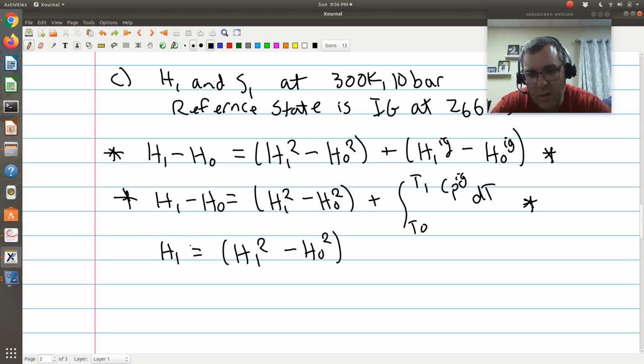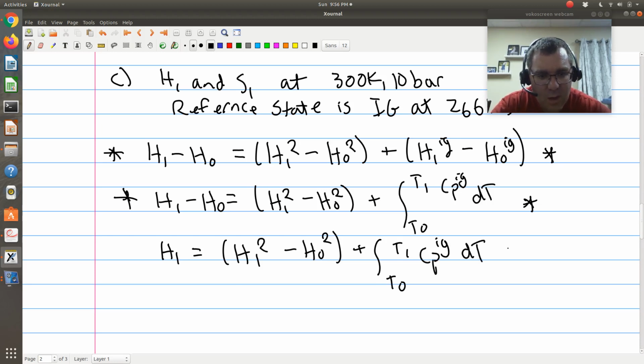So H1 is H1R minus H naught R plus the integral from T naught to T1 of Cp ideal gas dT, now plus H naught. We're told that our reference state is going to be an ideal gas at 266 Kelvin and 1 bar, which is at H naught. One thing you could do, which would be a mistake, and what might be tempting, is to go to our original expression and say H naught ideal gas is 0, and cross it out.